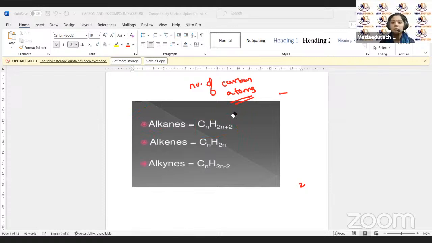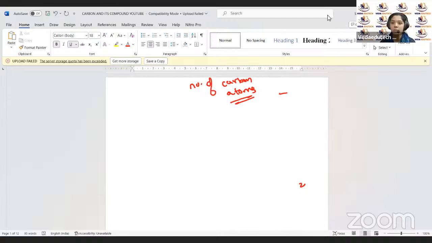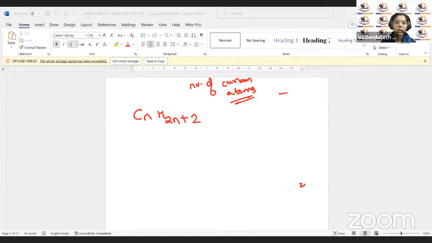Okay. Let's go ahead. So here n is the number of carbons. The formula is CnH2n+2. Right now I'm taking one carbon atom.